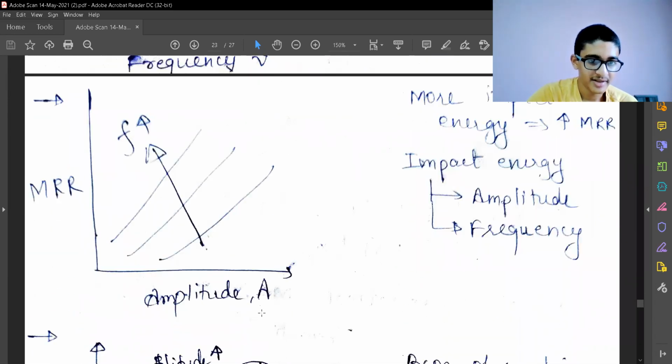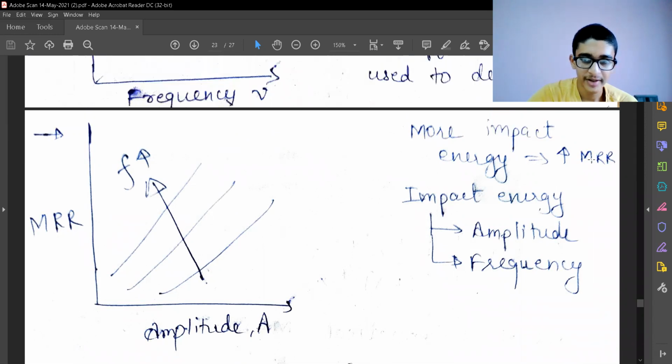Now the MRR changing with frequency and amplitude. The more the impact energy, the more will be the MRR. As I increase my amplitude of vibration, it is having more impact energy. And if I increase the frequency also, my material removal rate will increase. That is directly seen from the trends, and the impact energy depends on the amplitude and the frequency of vibration.